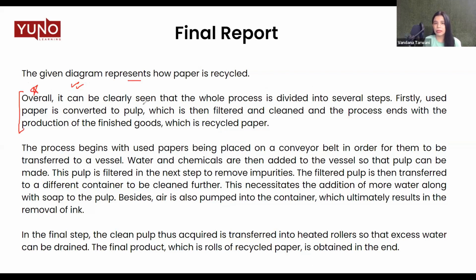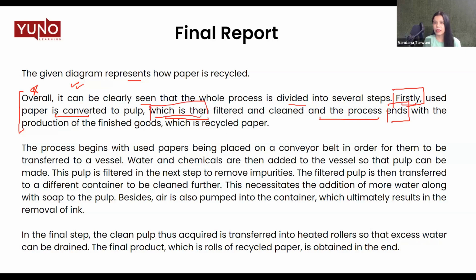It can be clearly seen that the whole process is divided into several steps. Firstly, used paper is converted to pulp, which is then filtered and cleaned, and the process ends with production of the finished goods, which is recycled paper. So it's very clear what our first step is, what our last step is, and what our second step is, which is then filtered.